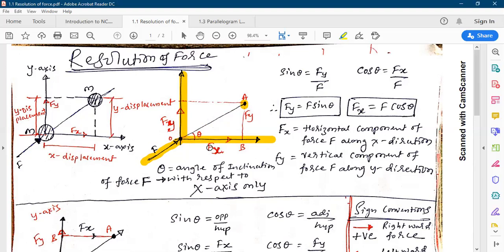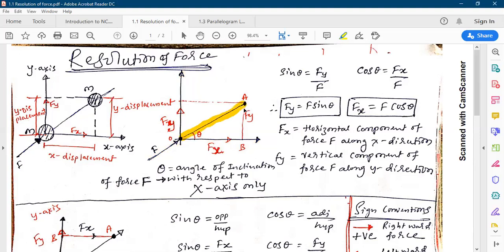Now we have to find the component of force along the x direction and the component along the y direction, which we call Fx and Fy. In order to find the magnitude of Fx and Fy, let us write small trigonometric equations. Here we have considered triangle OAB.